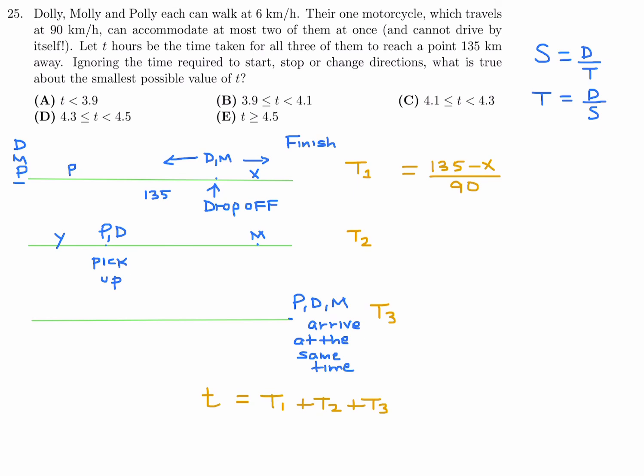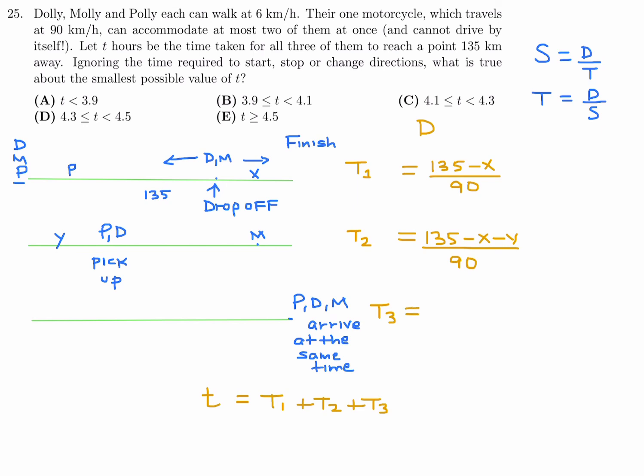And then for Dolly, which is the first friend that I am talking about, her T2 is basically going from that drop-off point back to the pickup point, right? She was here, but now she's traveling to there. So she goes back like that. So that distance is basically 135 minus x minus y, and again over 90, because she's still on the bike.